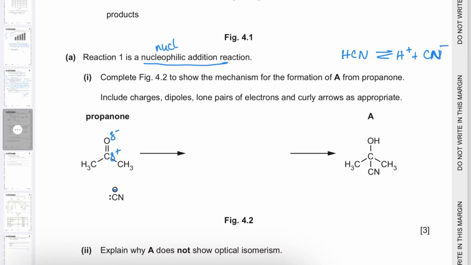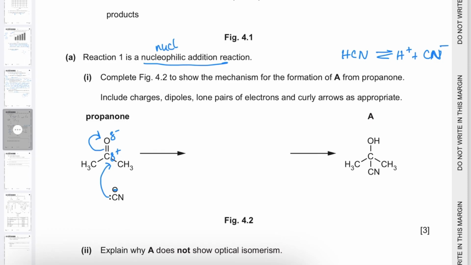So the lone pair of electrons on the nucleophile will be driven towards the partial positive charge of carbon in the carbonyl functional group, and one of the pairs of electrons in the double bond will then be gained by oxygen.